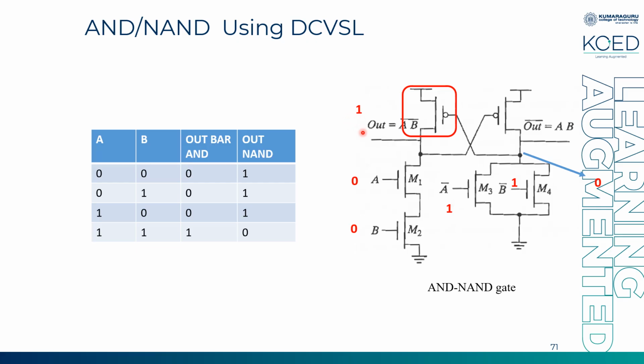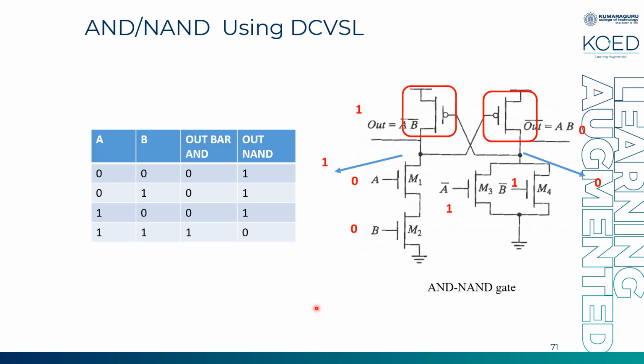So the nodal voltage at this node is 1. This 1 will in turn go as an input to this other PMOS. So this PMOS cannot turn on because 1 is being fed as an input. So it will remain in the off condition and your output will be 0. This is how you obtain a 0 and 1.